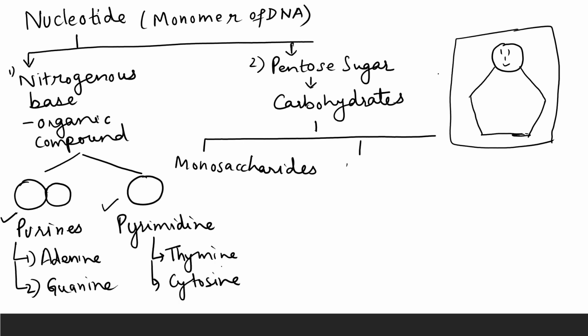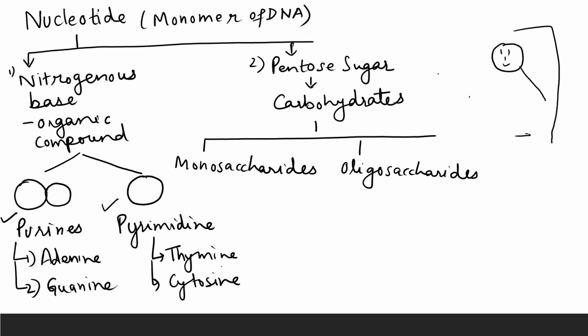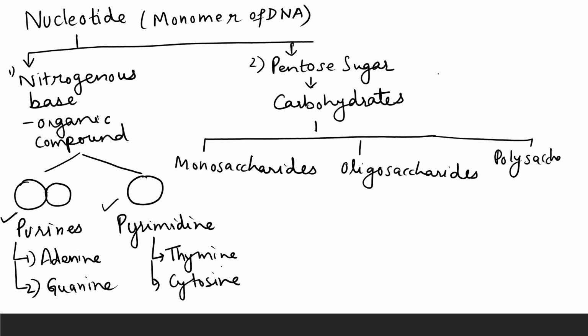Second is an oligosaccharide, and the third one is a polysaccharide. So I have already told you that this classification is based upon the number of carbon chains, right?